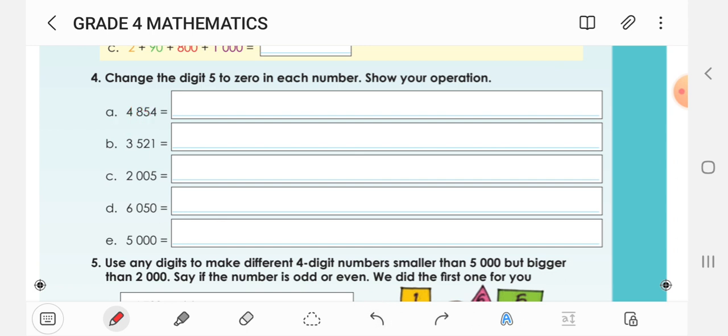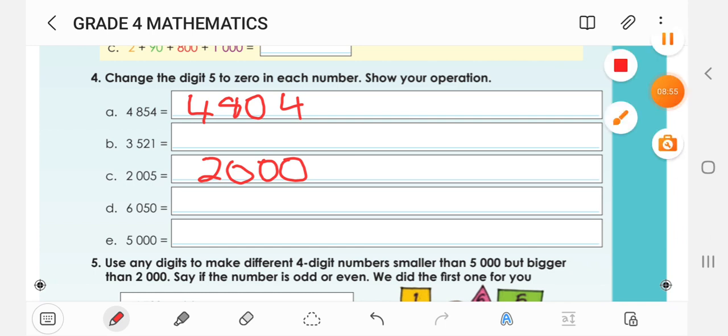So we will turn the 5 into 0. So we have 4,804. Okay, and then let's do number C. We have 2,500. The 5 will be 0, so that will be 2,000. Just like that. That is how you do it. Okay, I hope you're learning.